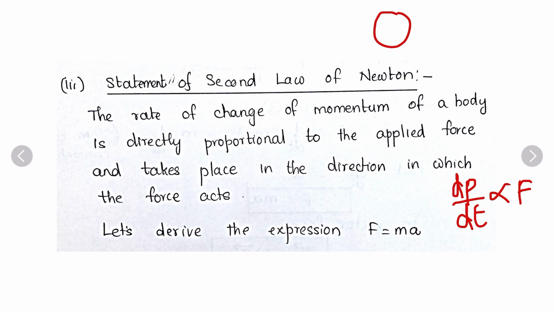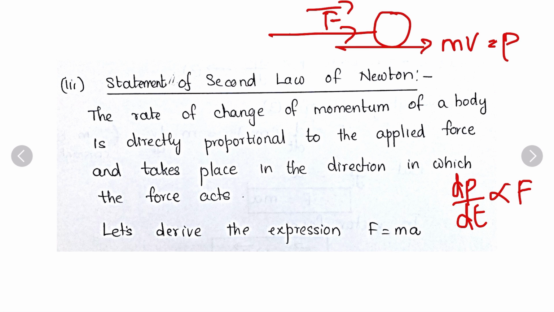That means if a ball is there and you are pushing the ball in this direction, the force is in this direction, so the momentum p is also in the same direction in which the force acts.